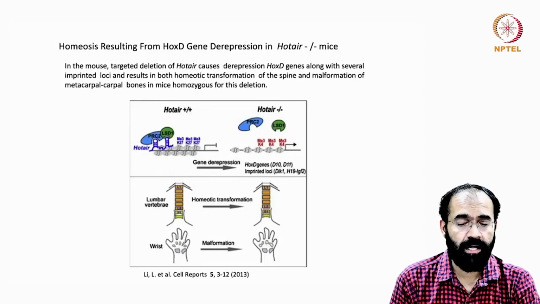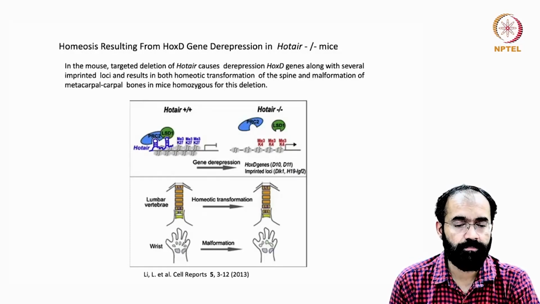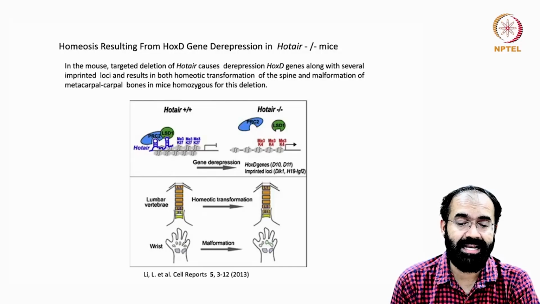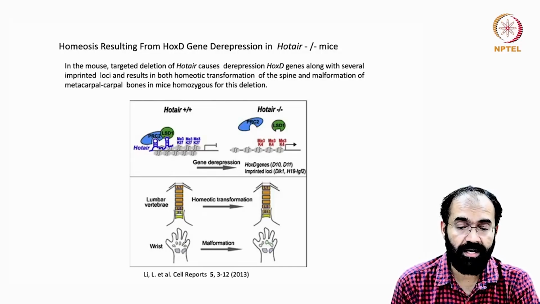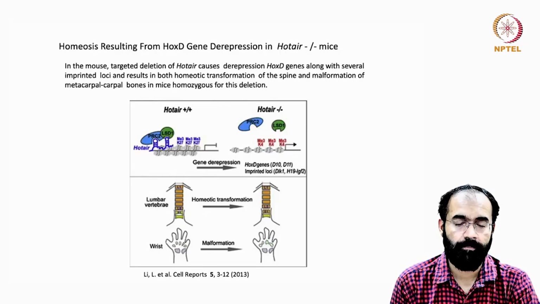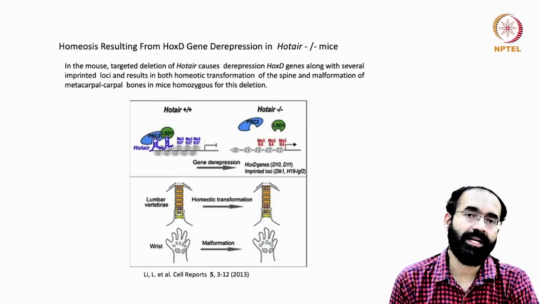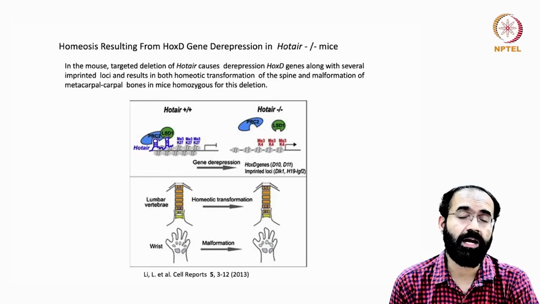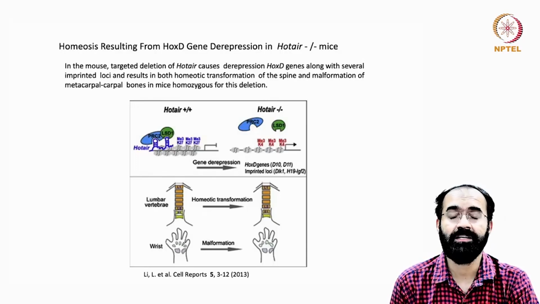So now we are hearing a new term, homeosis. Homeosis results from HOXD gene derepression in HOTAIR knockout mice. We know HOTAIR makes sure that HOXD is repressed, not allowed to express in some region where HOTAIR is present.